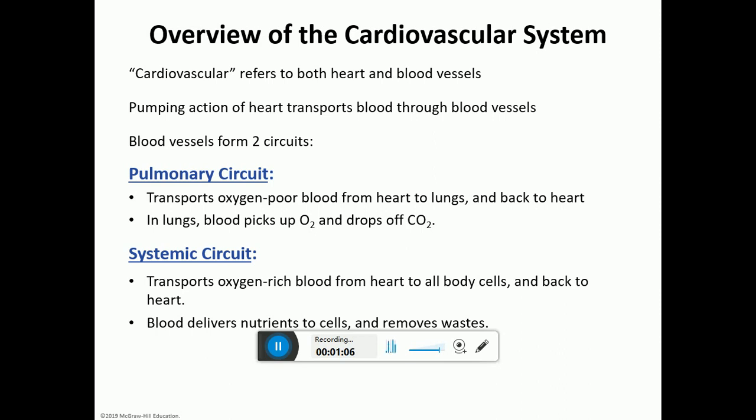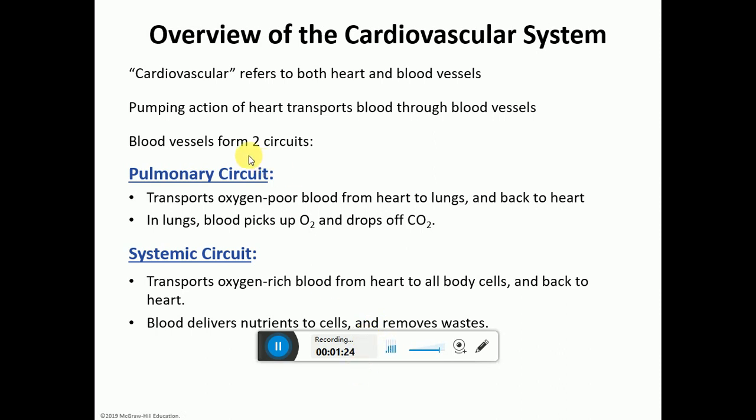First, a little overview of the cardiovascular system. The function of the heart is obviously to pump the blood into your blood vessels, and we have a couple of different circulations or circuits. There is the systemic circulation and the pulmonary circulation.